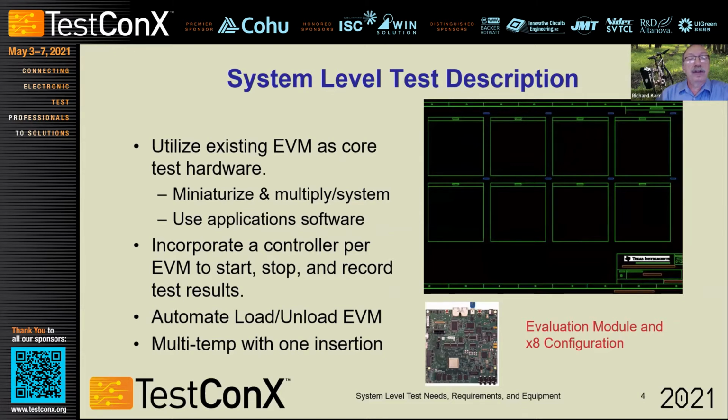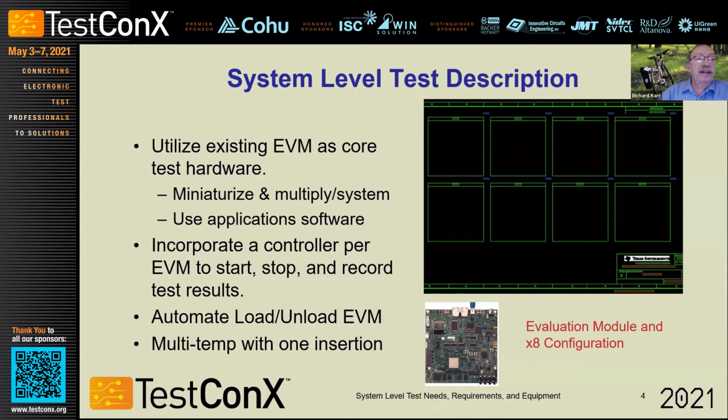And remember, these returns weren't easily identified using our traditional ATE methods and equipment. However, when we did this, we found that these EVM test times were quite lengthy. 10, 15 minutes weren't unheard of. We knew we had to parallel test as many devices as possible if we were to use system-level tests in production.